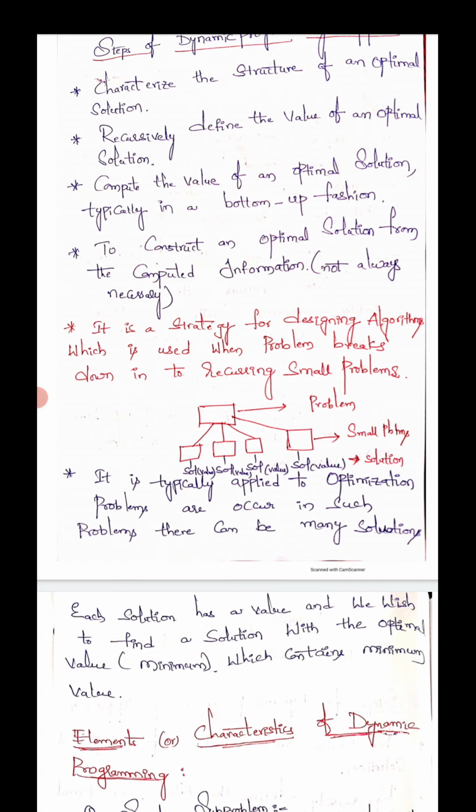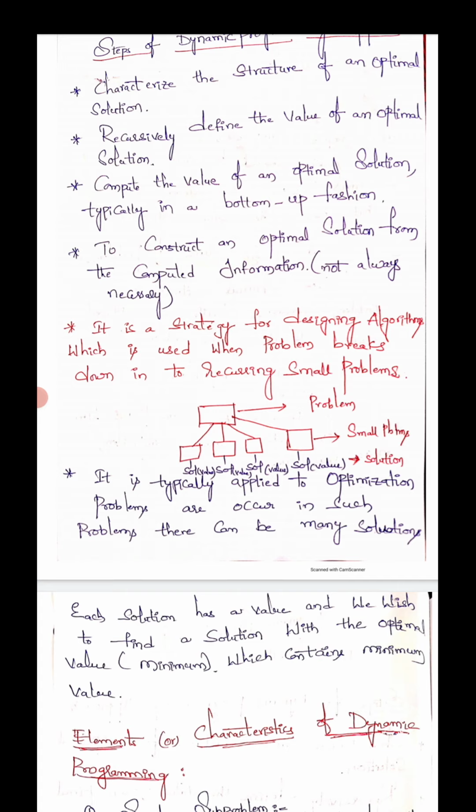This is the content of dynamic programming. You must follow these steps of the dynamic programming approach. It is one of the strategies for designing and analyzing algorithms, used when a problem breaks down into recurring small problems.